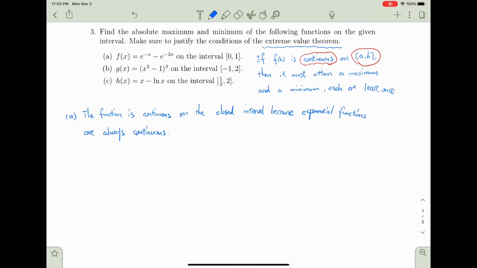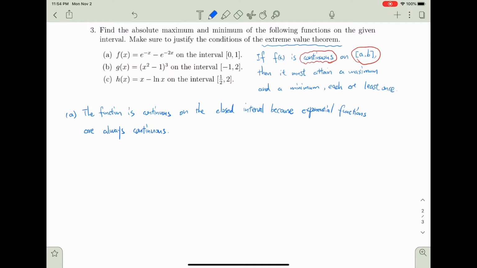So we're going to find all the critical numbers, plug them into the function to see what values we get, and also plug in the endpoints of the interval, in this case 0 and 1. Among all the outputs, we compare the values to see which one is the max and which is the min, and that is our absolute max and absolute min. That is the technique. So let's find the critical numbers first.